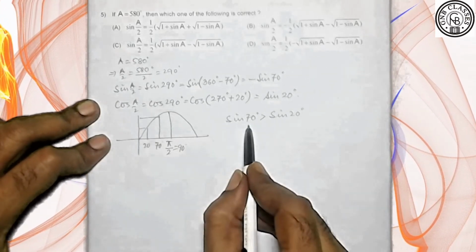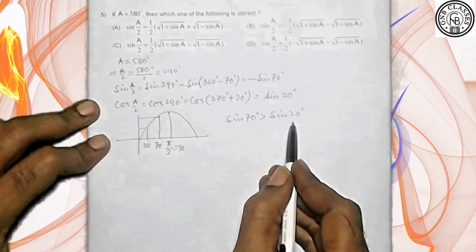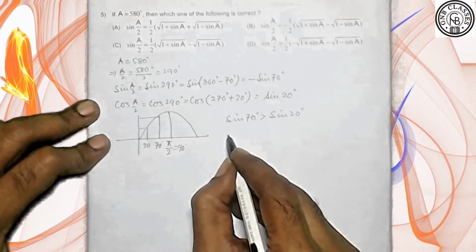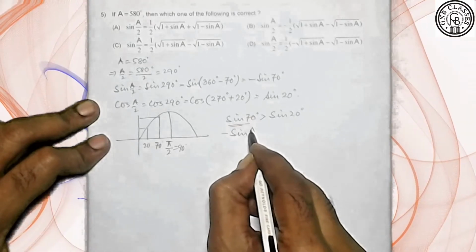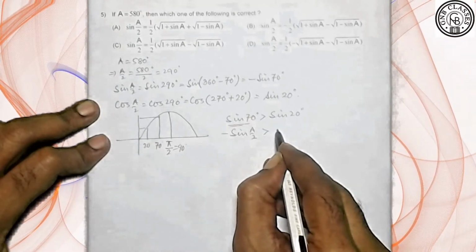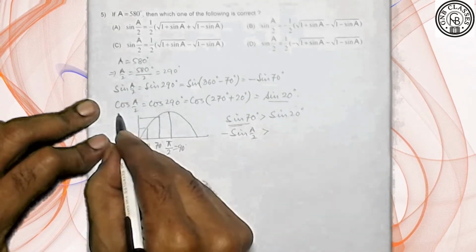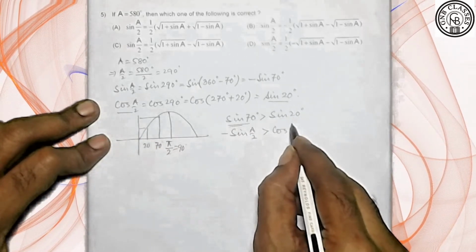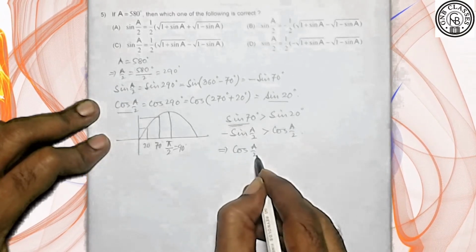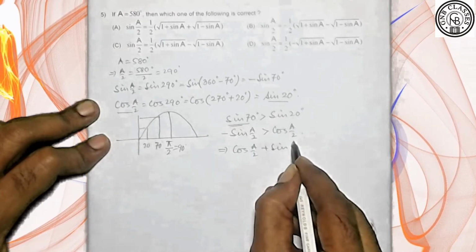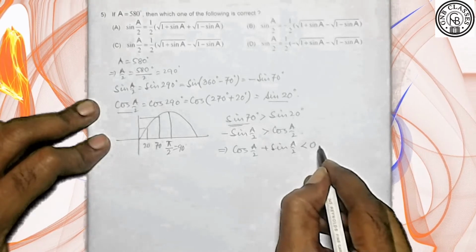So from here we can write sine 70, which is minus sine A by 2, is greater than sine 20, which is cos A by 2. So we can say that cos A by 2 plus sine A by 2 is less than 0.